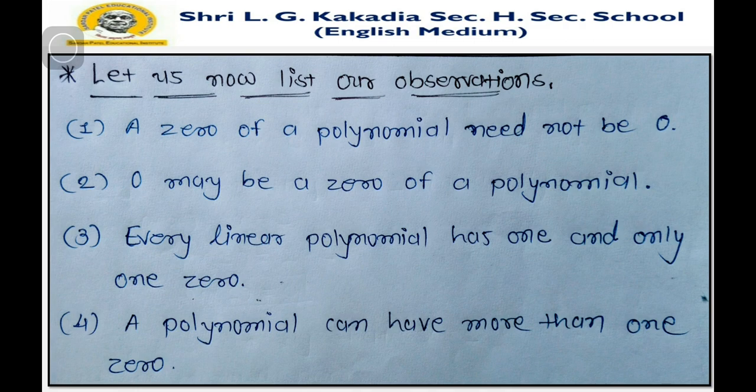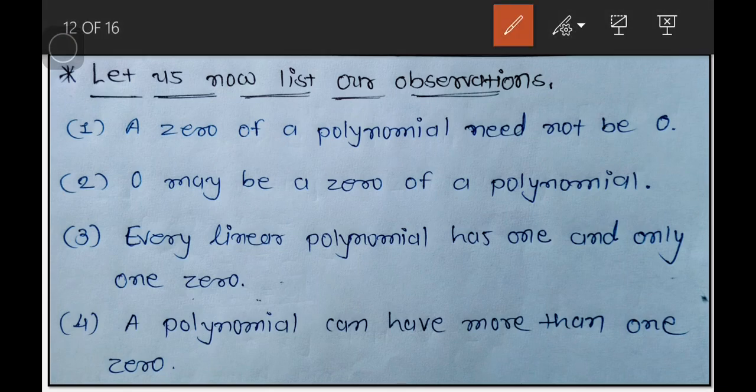The first one is, a zero of a polynomial need not be 0, as we have seen in the previous slide, that for any value the polynomial need not be 0.